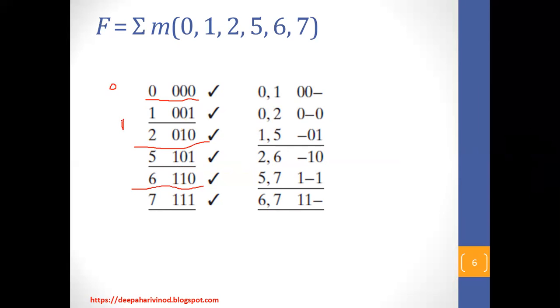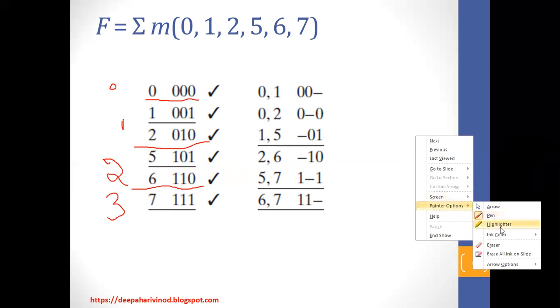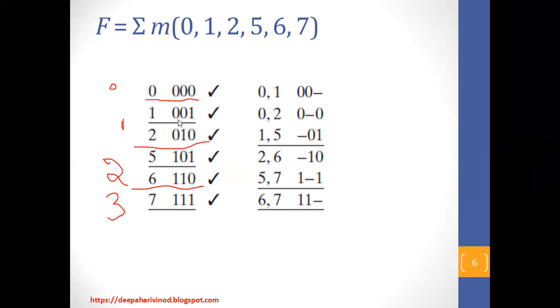This one is 1. This one is 2. And this one is 3. In this way, I can group. So once you get the binary, in this we have three number of ones. So that comes under index 3. So I have grouped everything.